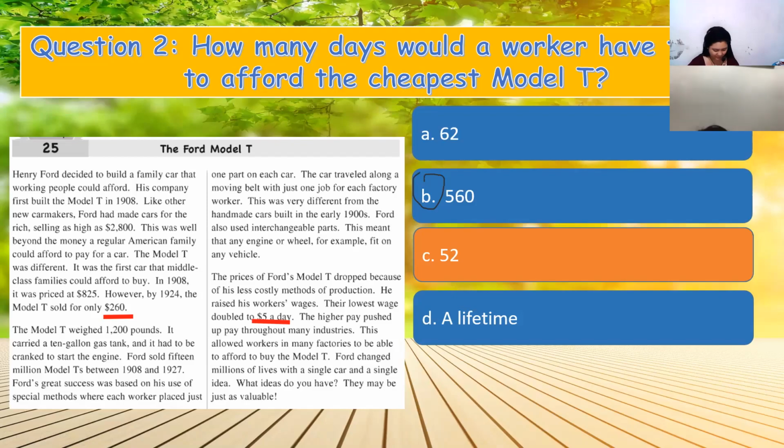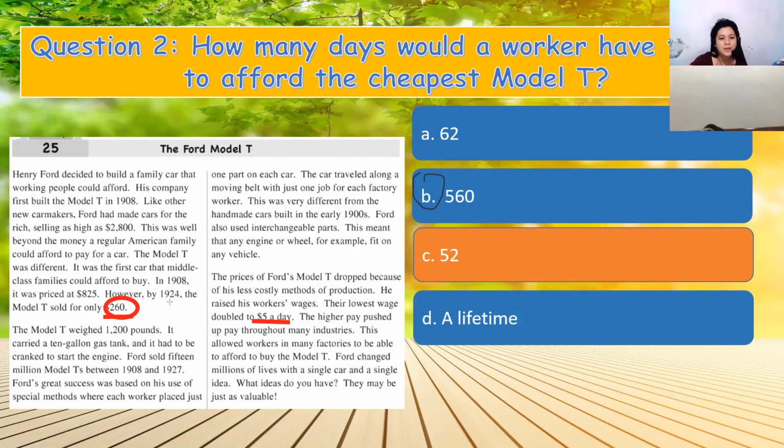I'll try to compute it. Okay, 52 times $5. All right. They need to work for 52 days in order to afford the Model T, which is $260.